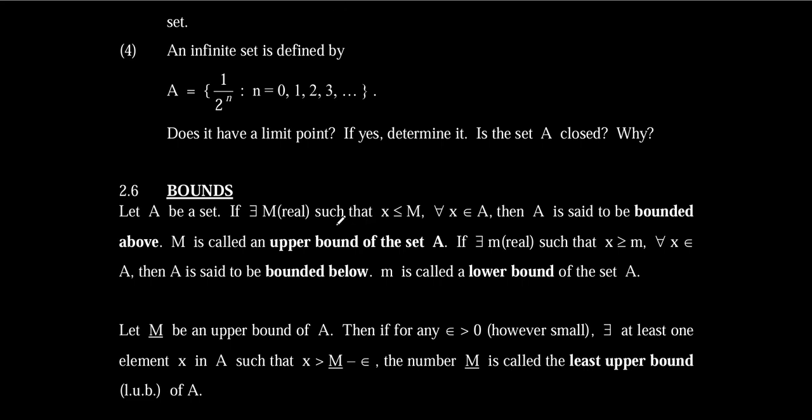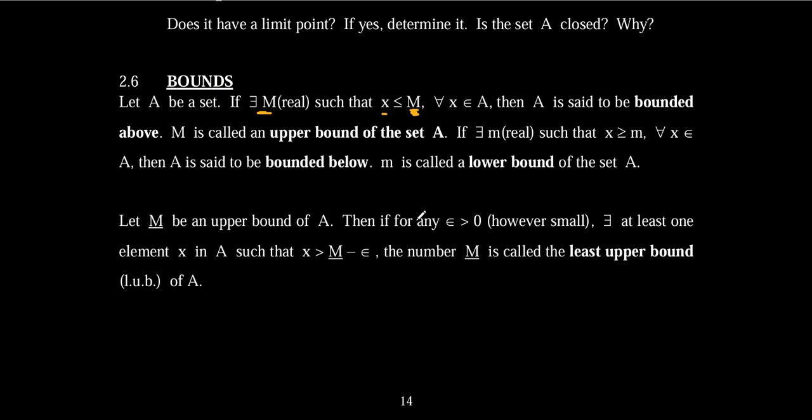It's just saying that if you have a set and there is a real number, you are calling the real number m, such that every member in the set is always less than or equal to that real number m, the set is said to be bounded above. Now, in reverse the statement works for bounded below, right?